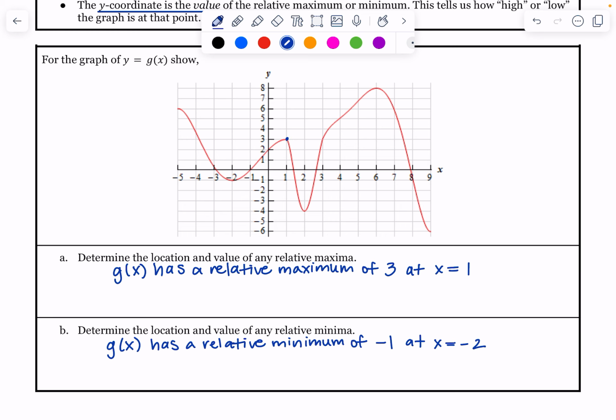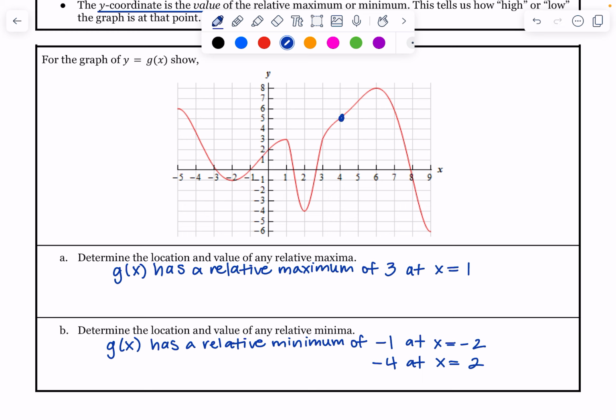Okay, the next point that we come across is this point right here. That is a minimum because it's on the bottom. And just a shorthand, I'm going to just write that minimum value of -4, and that's at x is equal to 2. All right, the next turning point looks like something's happening here, but you see it's increasing and increasing, so that would be nothing for the purpose of this.